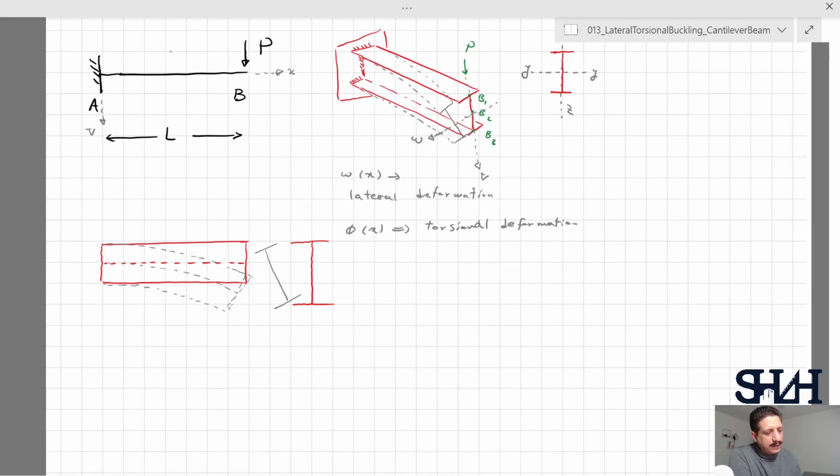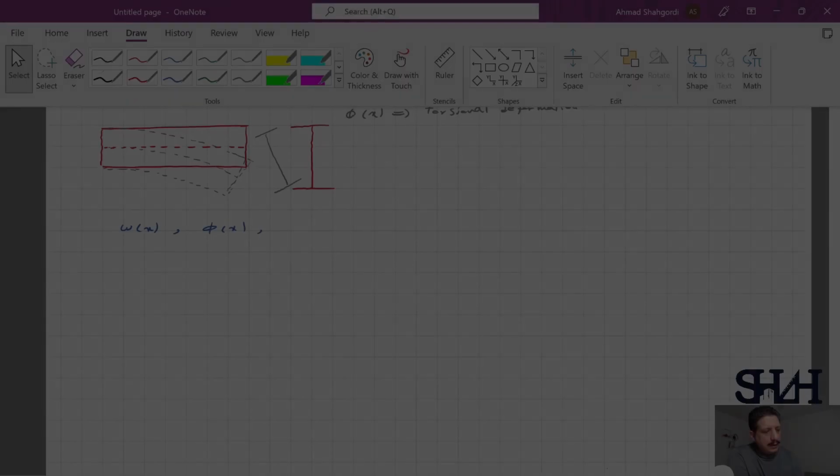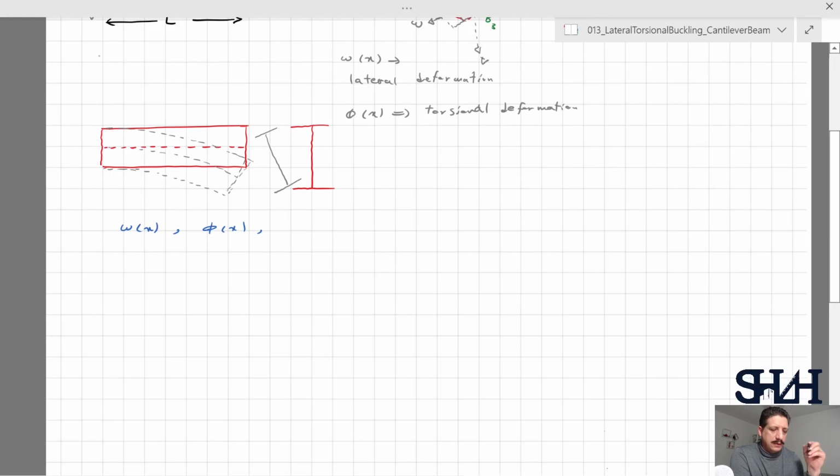At that time, we will have omega x, which is the lateral movement, and phi, which is the torsion. Now we can write down the total potential energy. It will be the integration from 0 to L due to bending about the weak axis, so it will be E I z times omega x second derivative squared.